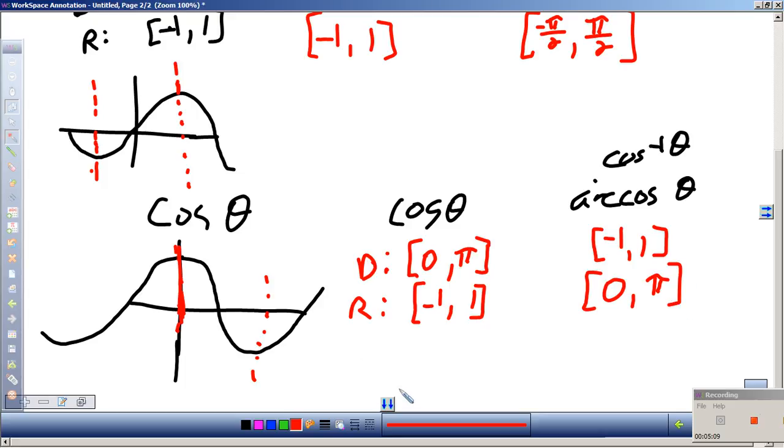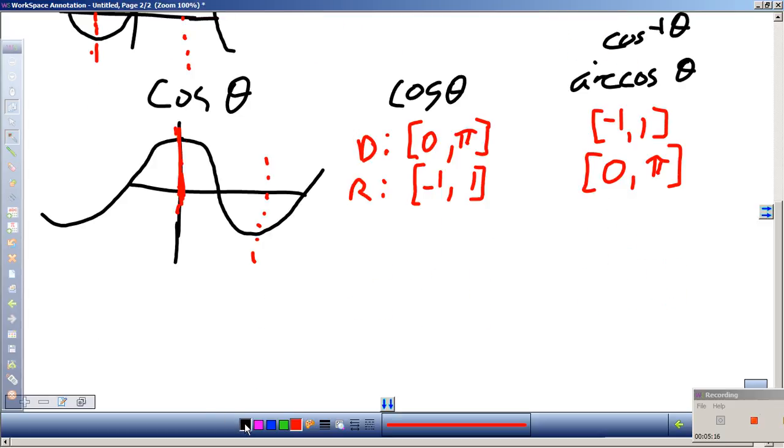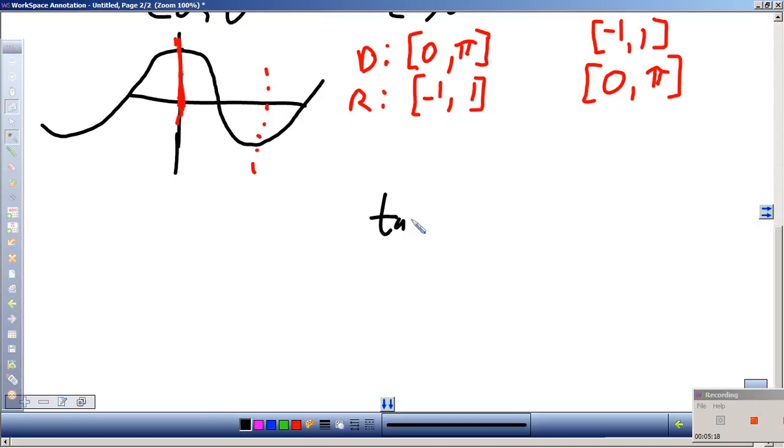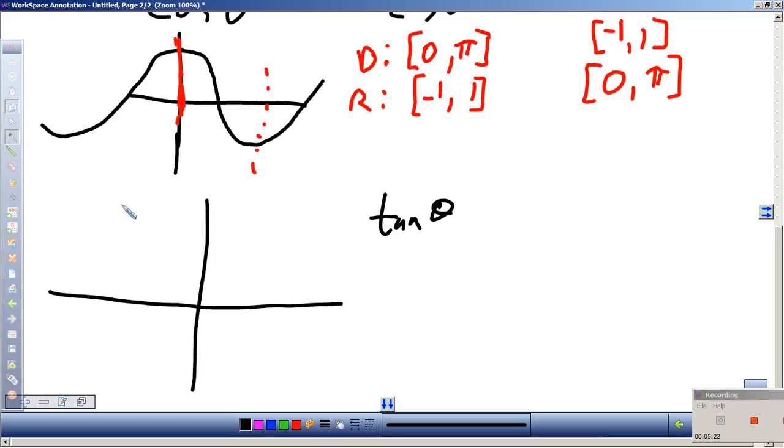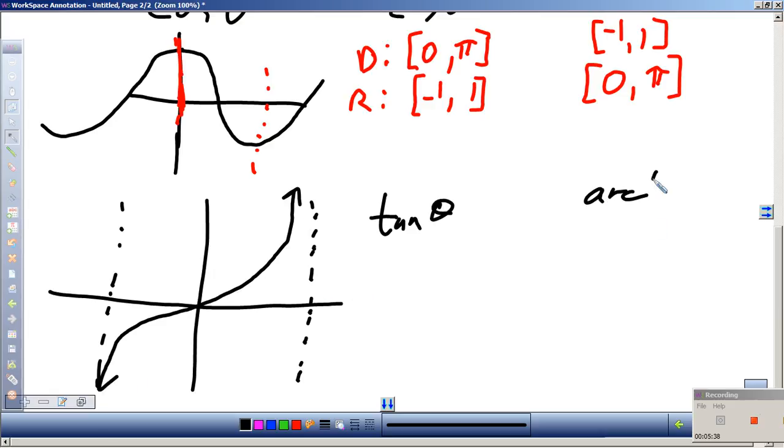Okay. Now, tangent gets a bit more interesting. The tangent of theta. What's the domain of tangent theta? Oh, it would be all real except all these undefined points, right?